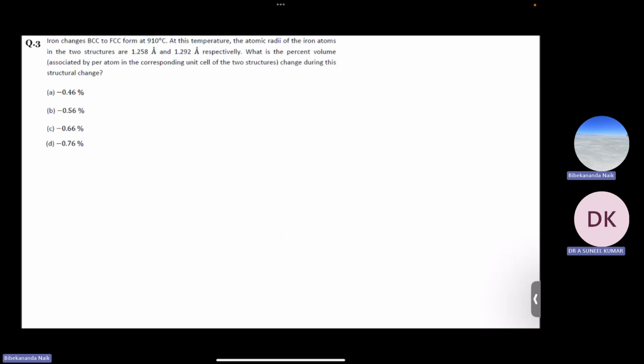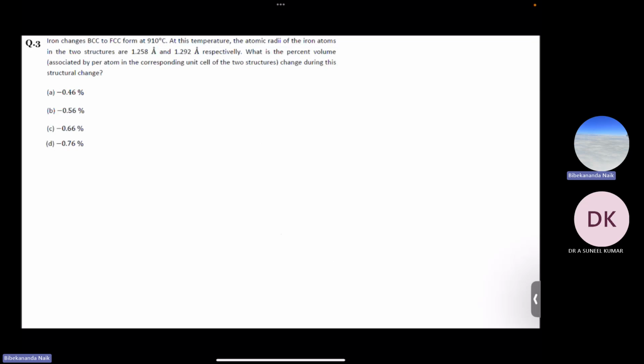The question says iron changes from body center cubic to face center cubic at 910 Kelvin. At this temperature, the atomic radii of iron atoms in the two structures are 1.258 Armstrong and 1.292 Armstrong respectively.